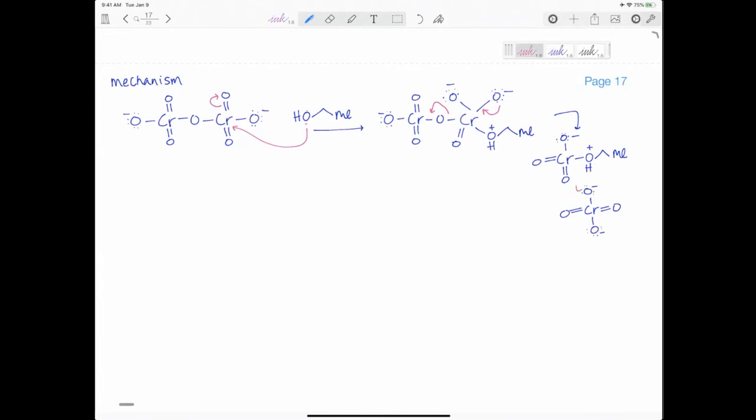It's going to take away this proton here. Then you're going to be left with this right here. Now this is neutrally charged. There is no more plus charge.